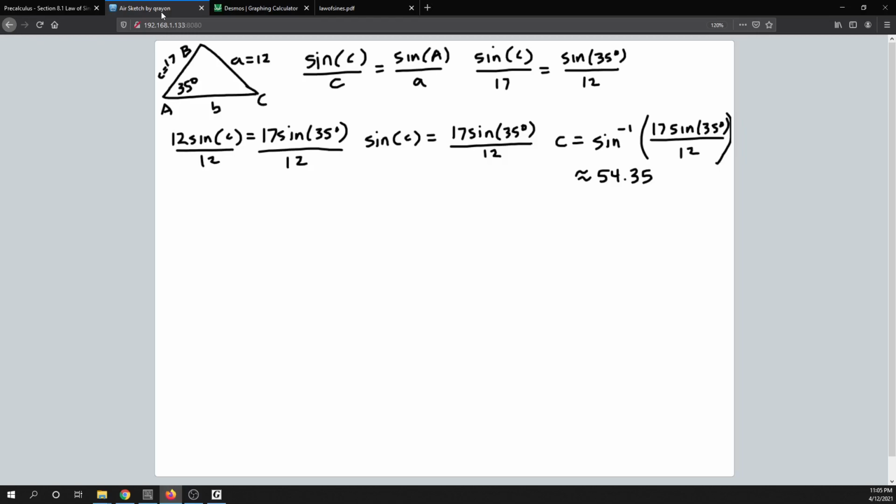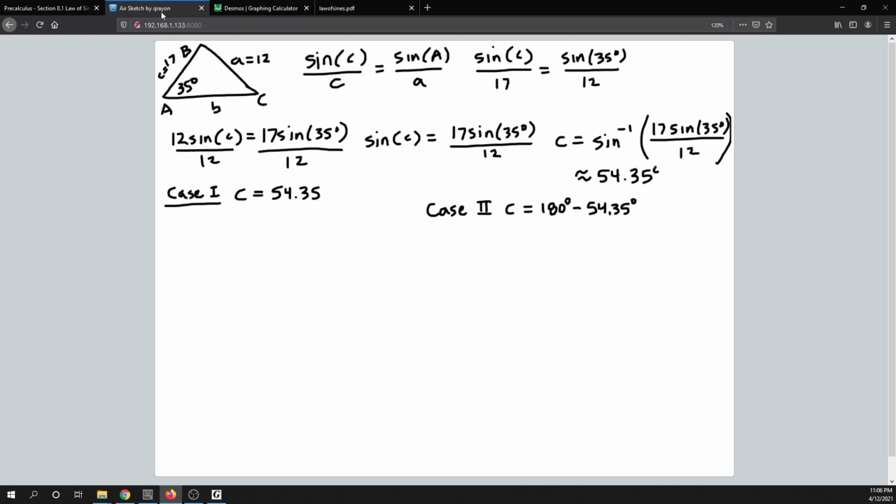And so what we would do is move on to step 3, and we would split it into 2 cases. So case 1 is that angle C is 54.35. Okay, and then case 2 is that angle C is 180 degrees minus 54.35 degrees.